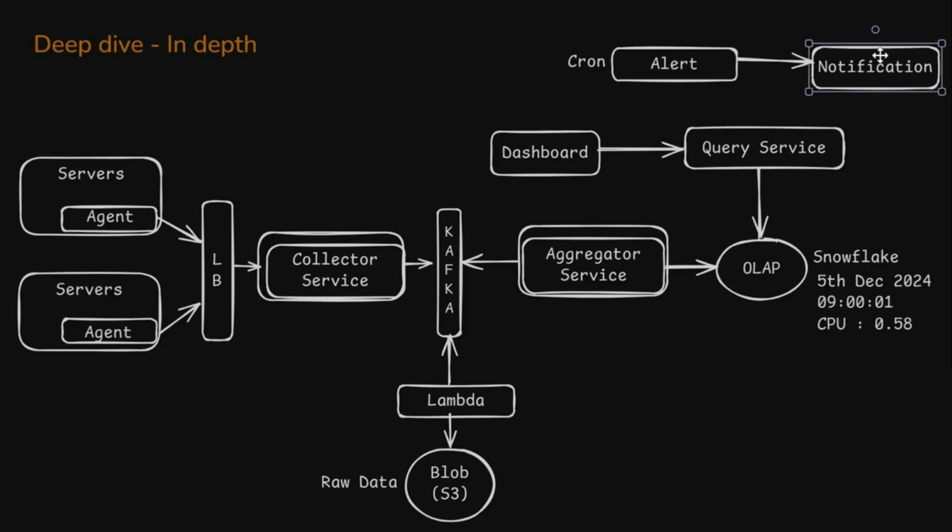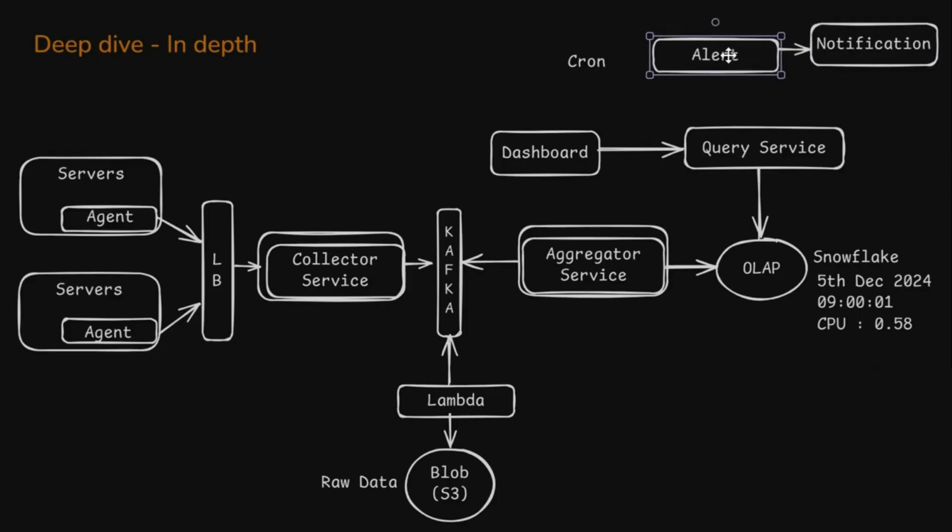Here we also need to fine-tune our alert system. So this alert system, let me just call this a cron job. This cron job is periodically querying this query service based on the defined rules here. How would these rules be defined? We would need a database for storing all those rules.